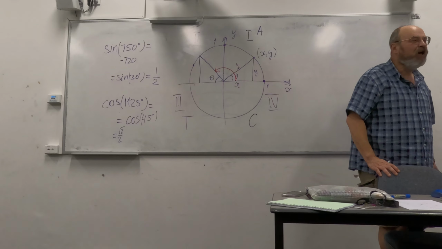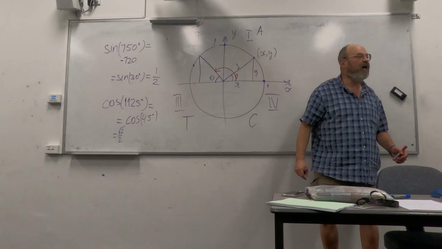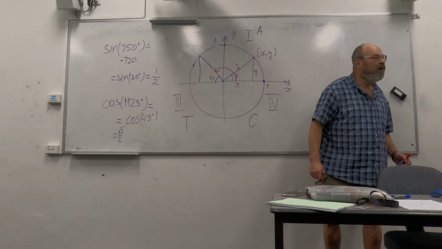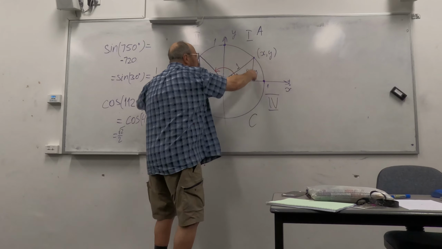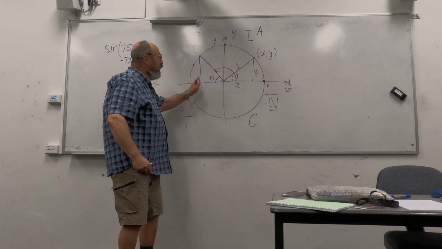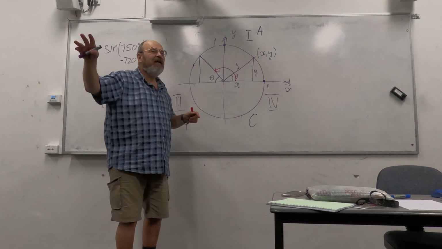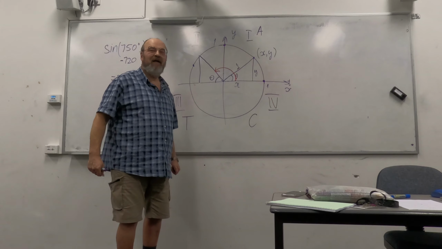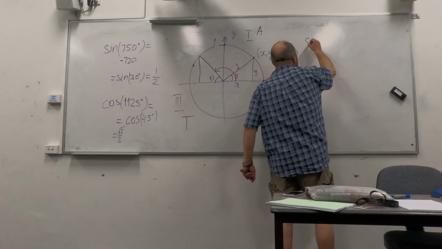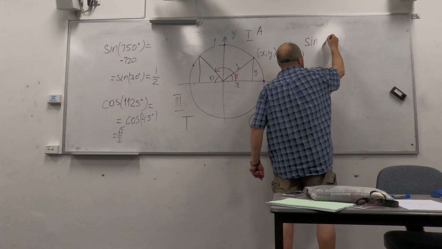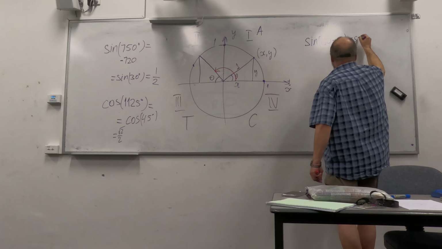Both triangles are congruent, so the y coordinate is the same, and then x is negative. So sine 180 minus theta equals sine theta.